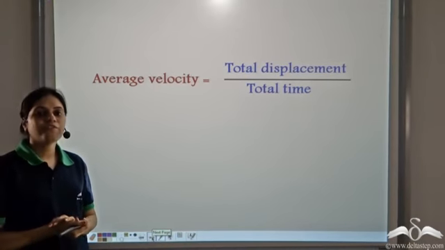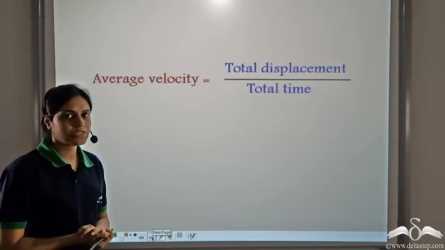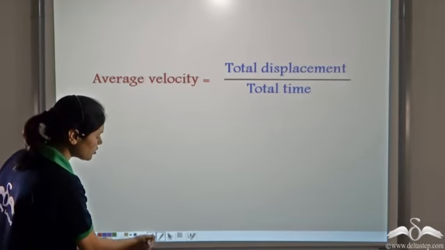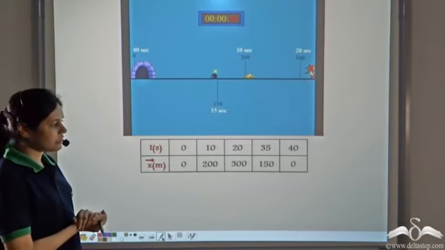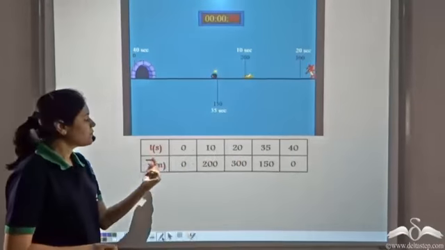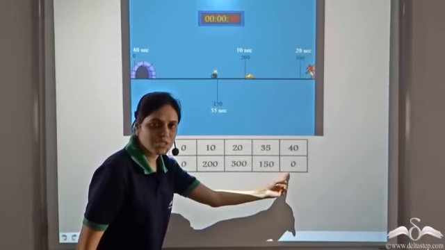Now, what is the average velocity of Jerry for the entire journey? Average velocity is total displacement by total time. So, what is the total displacement of Jerry for the journey? Now, in 0 to 40 seconds, his initial position was at 0, his final position was at 0.